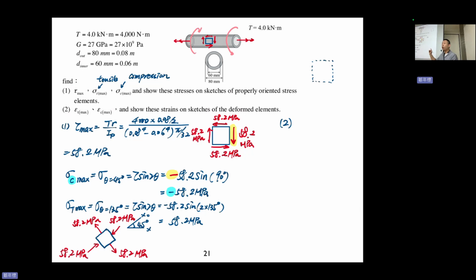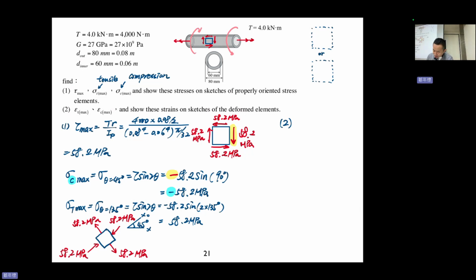So this is before the deformation. Before, okay? Let me copy. Okay, so this is before.